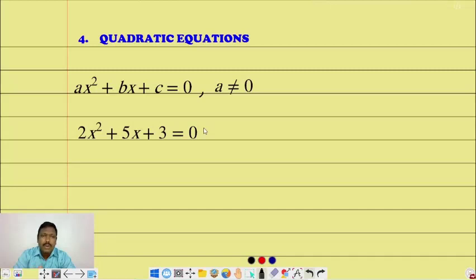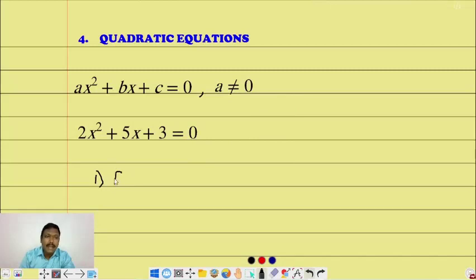Now, to solve a quadratic equation, there are many methods, but you have to study only two methods.